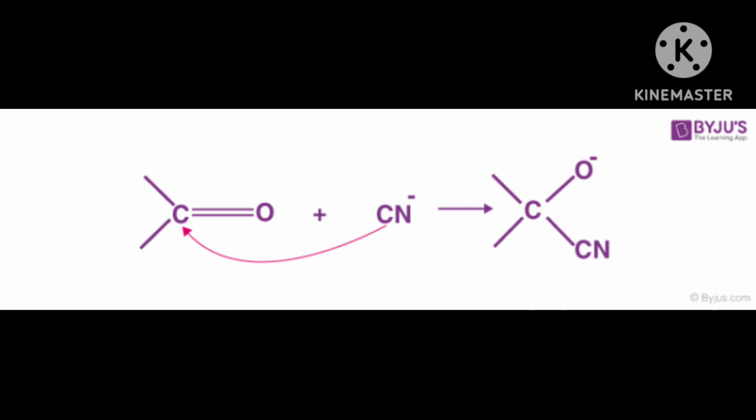These show the plus R effect. A question is asked in examination on this, and you should always remember it, because movement or displacement of electrons will take place according to these groups only.